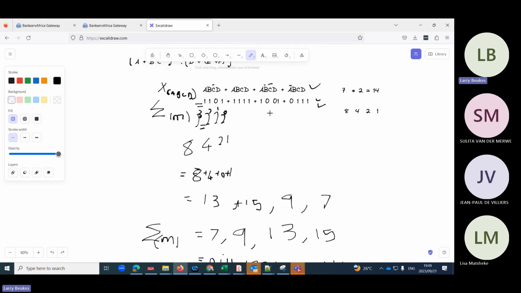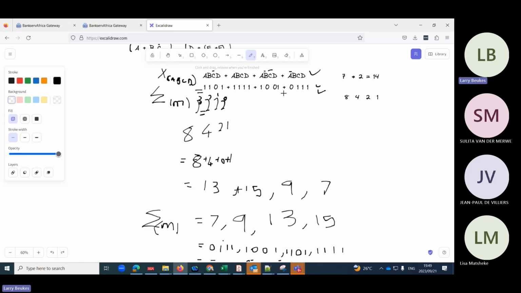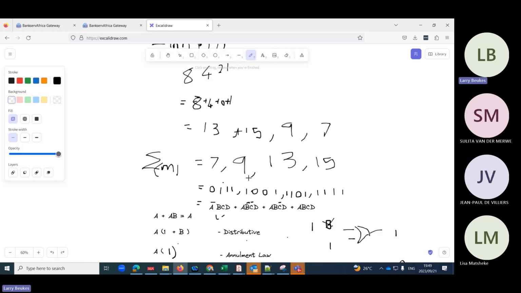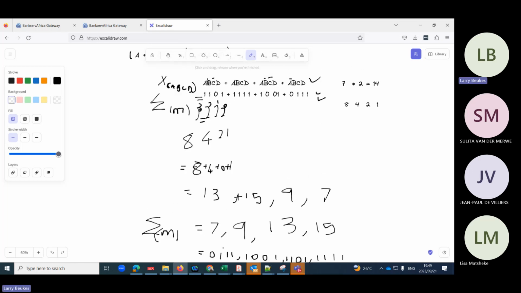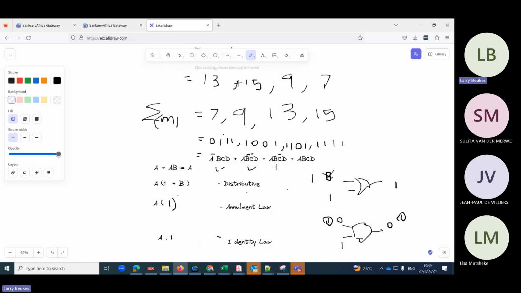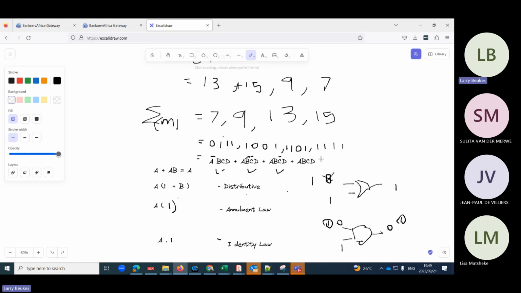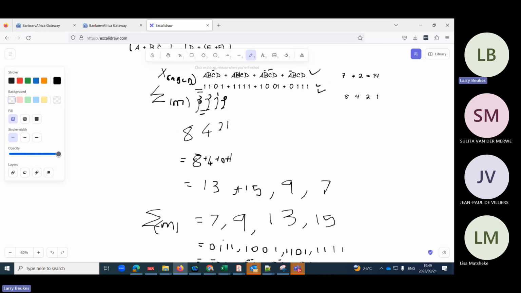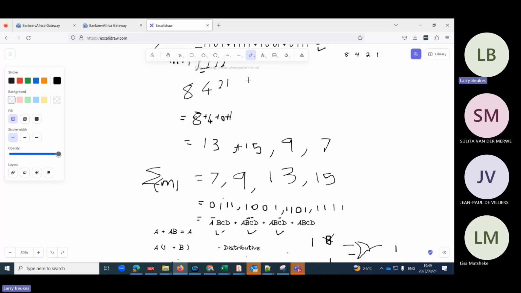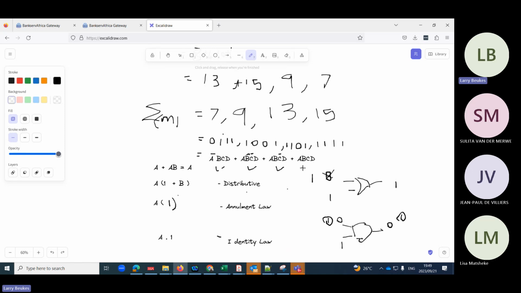We should get A, B not C not D. Here it is, A, B not C not D. We should get A, B, C not D. So here it is. Then we should get A, B, C, D. Here it is. Are you with me?